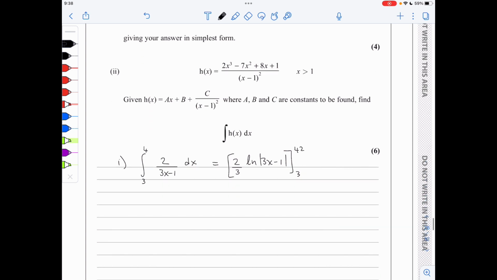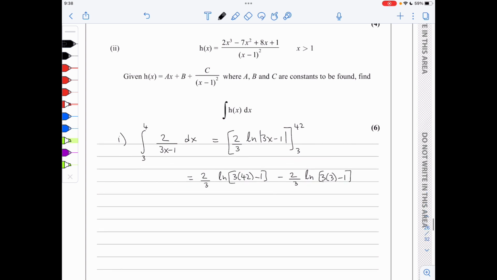I will substitute the 42. I get 2 over 3 ln of 3 times 42 minus 1 minus 2 over 3 ln of 3 times 3 minus 1. So this leads to 2/3 ln of 125 minus 2/3 ln of 8.